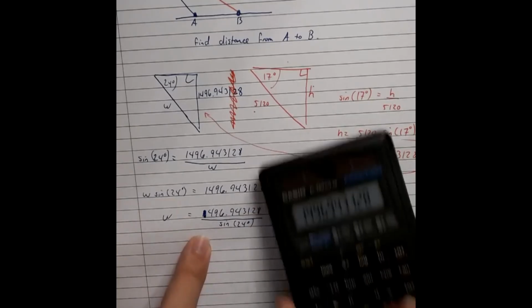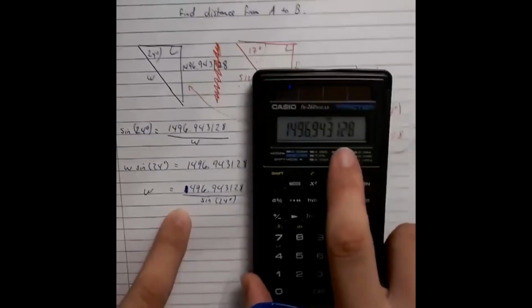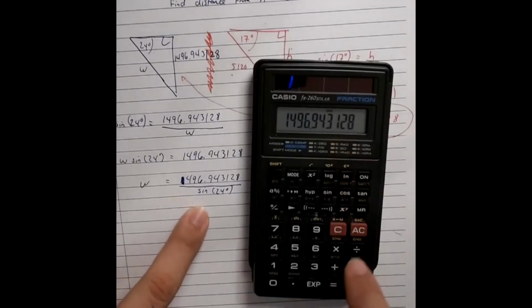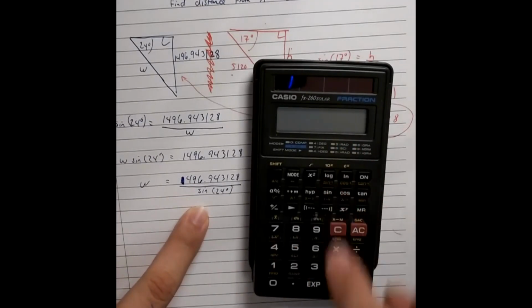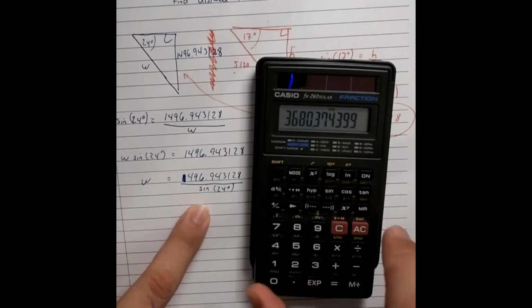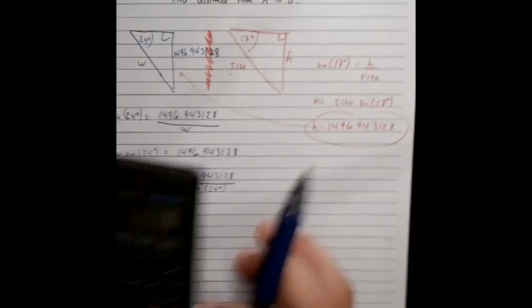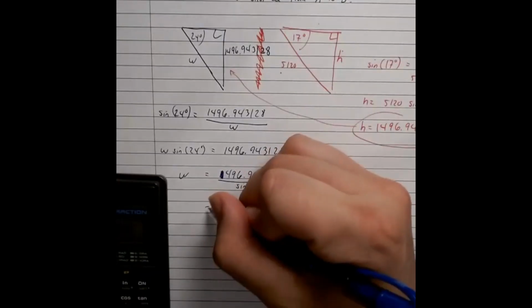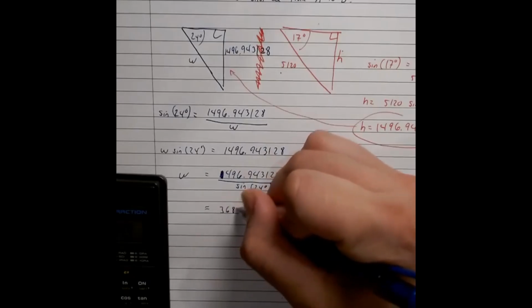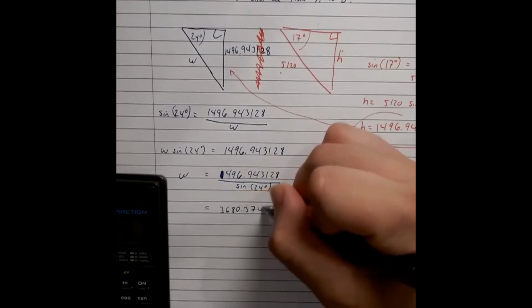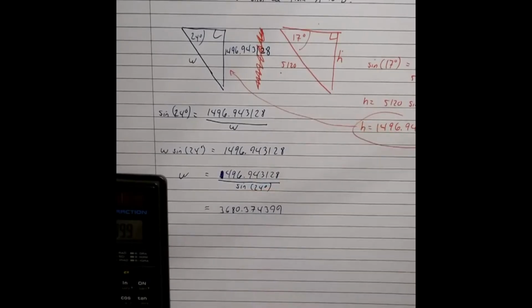So let's see what that gives us. I still have that old number on my calculator, the 1496 point something. So now let's just divide that by the sine of 24. And that's going to give me 3680.374399.